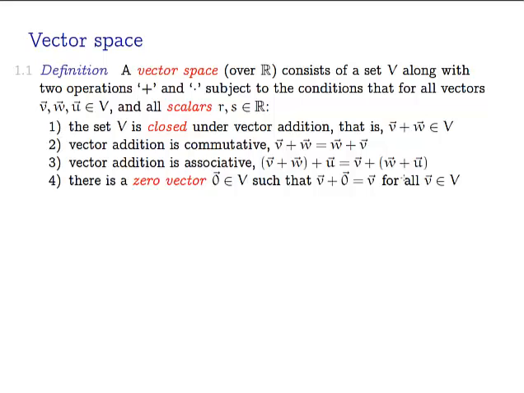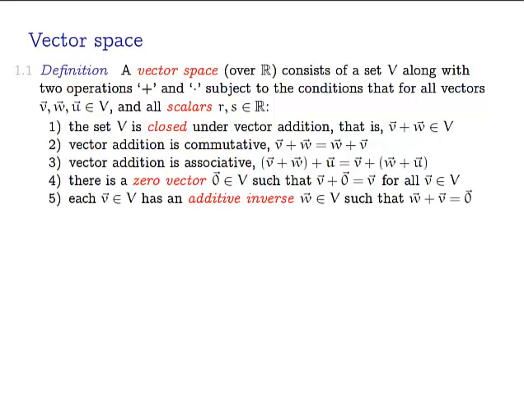There is a zero vector such that when you add the zero vector to any vector, you get the same vector. Again, that's similar to the real numbers. Every vector has an additive inverse W such that V plus W equals 0. What's going on here is that if V is a vector, which you represent by an arrow pointing in that direction, then W would be negative V, an arrow pointing in exactly the opposite direction.